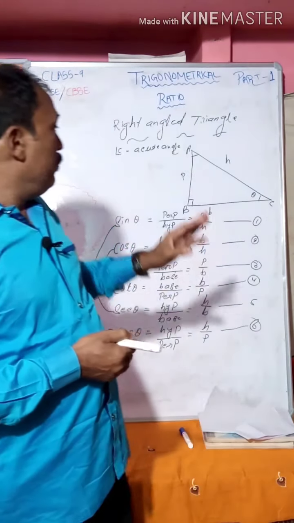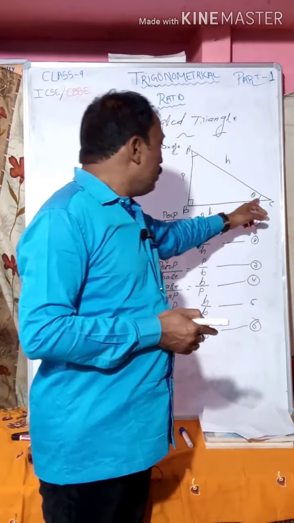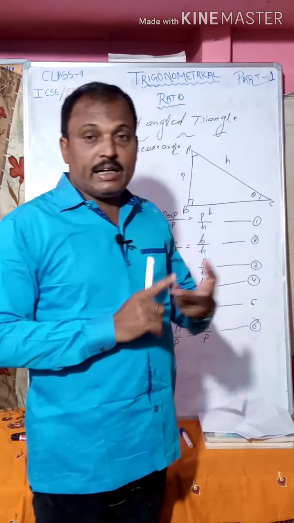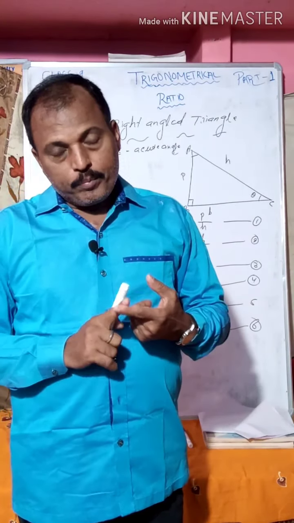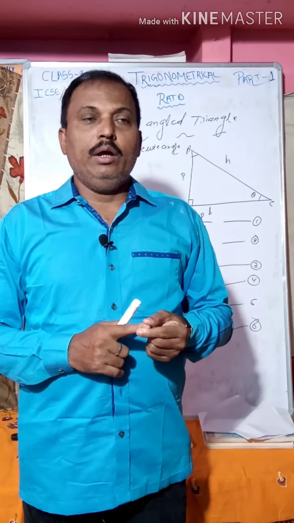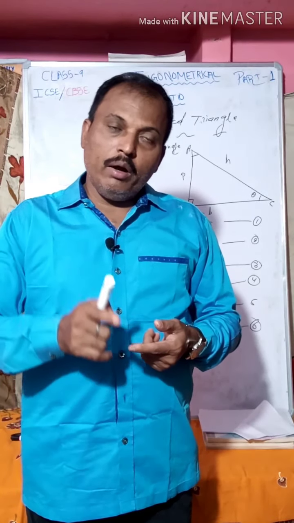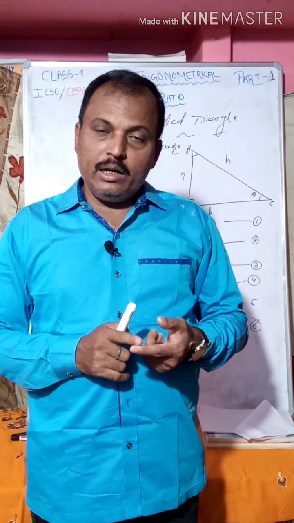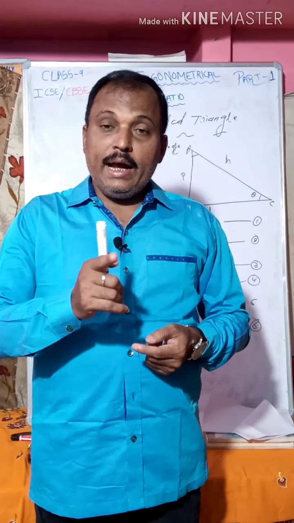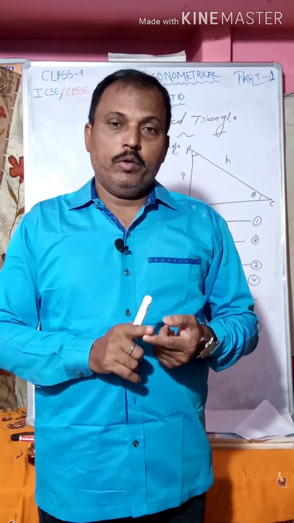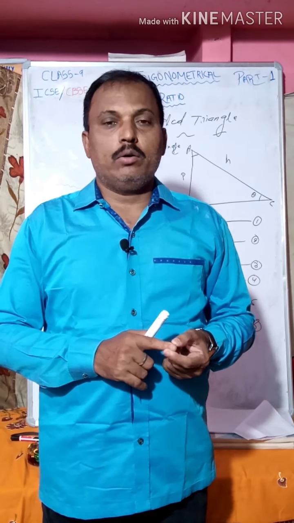When we took the angle C as theta, I said that whichever angle you take as theta for the trigonometrical ratios, the side opposite to that angle will be the perpendicular.